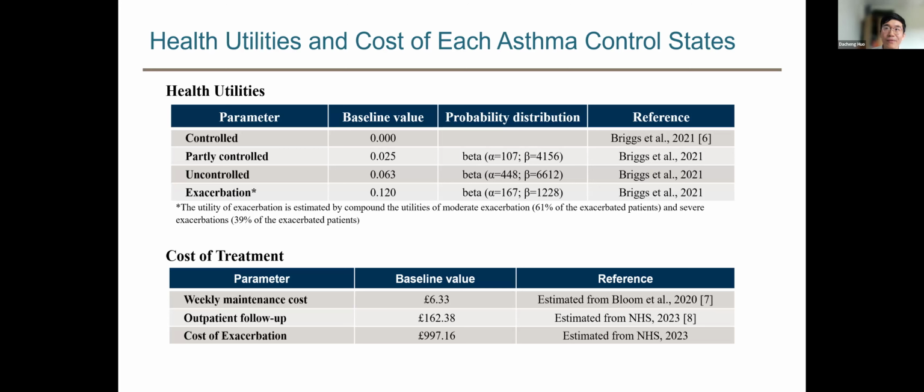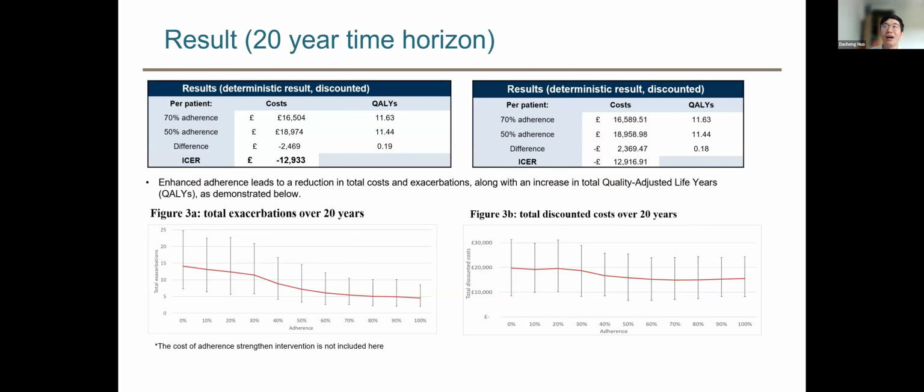And with this data in the model, we are able to get a result like this. In the graph above, we put two example situations to compare: a patient with 70% adherence and a patient with 50% adherence. For 70% adherence, the cost will be around 16,000 pounds, with 11.63 QALYs.